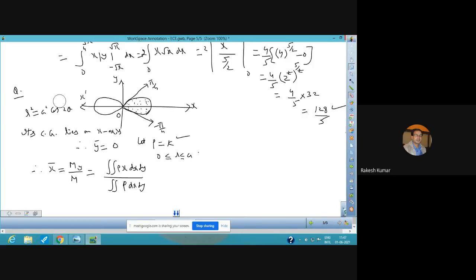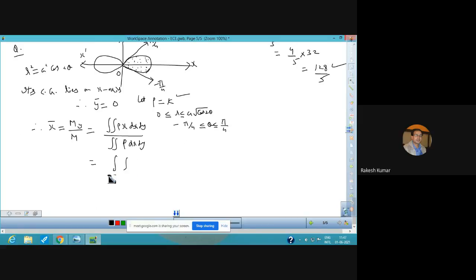Just make a change. There is no square here. So this is the equation of the lemniscate. So the limits of r are 0 to a square root of cos 2 theta, and your theta varies from minus pi by 4 to pi by 4, from this side to this side. So you can use the limits here and solve this.